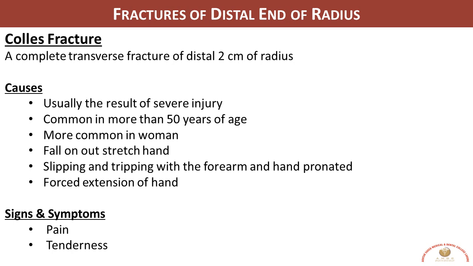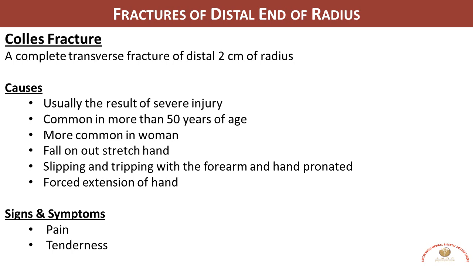It happens when the person falls on an outstretched hand. The Colles fracture has a typical history: the person will give you a history of slipping or tripping in an attempt to break the fall, or landing on the outstretched limb with the forearm and hand in pronated position. The fracture results from forced extension of the hand, usually as a result of trying to ease a fall by outstretching the upper limb.